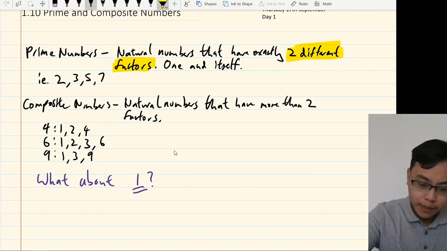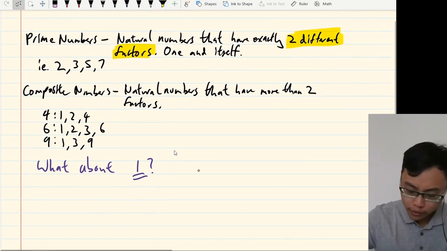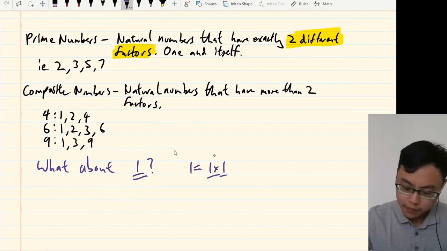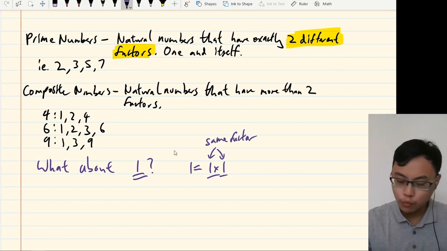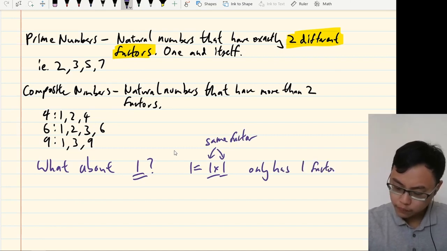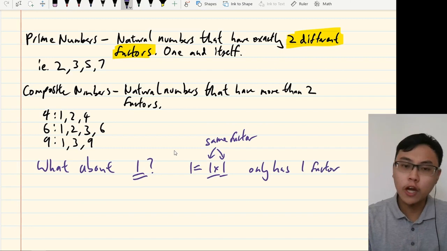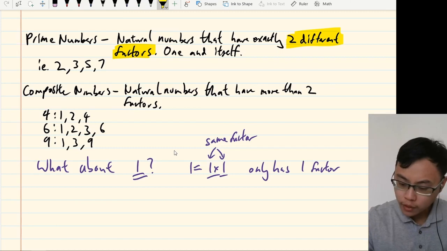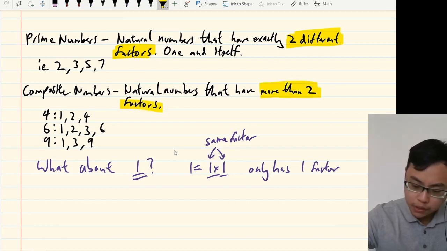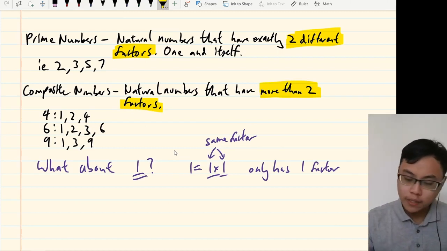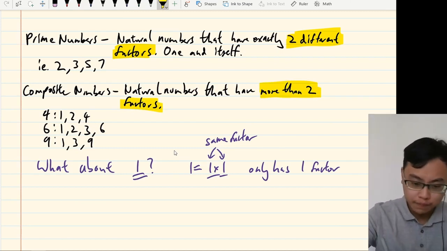But 1 is only made out of 1 times 1, and they are the same factor, which means that 1 only has one factor. So it doesn't fit the definition of a prime number, nor a composite number, because composite numbers need to have more than two factors, and 1 only has one. So 1 is neither prime nor composite.